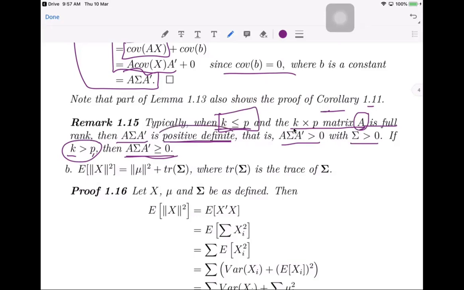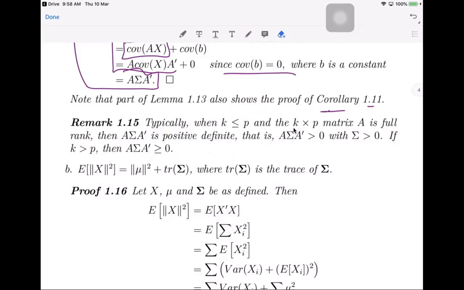Now, we usually want the property of positive definiteness because later, if the inverse is needed in the computation in the formula, and if it is not positive definite, then the inverse will not exist. So usually we want the property of being a positive definite matrix, for sigma to be positive definite and for sigma inverse to exist.